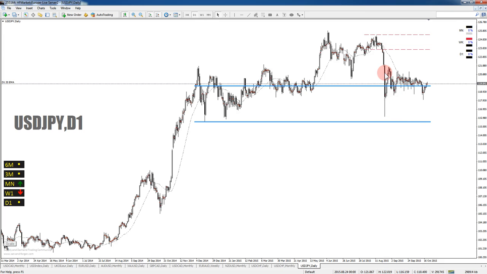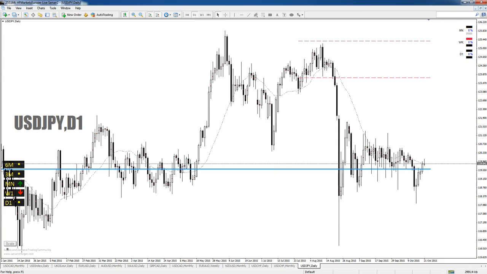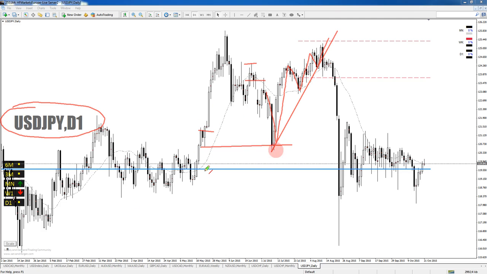So let's do the same thing. Let's ask the dollar yen daily chart oracle. Here we have a valley, another valley, another valley. Makes sense? So that means that we have an uptrend there, removing areas of demand that removed areas of supply that removed areas of demand.